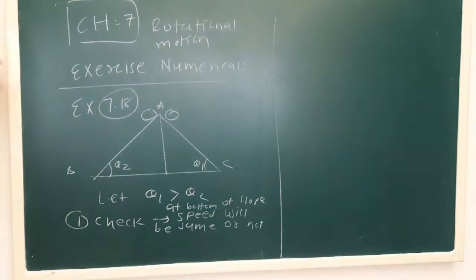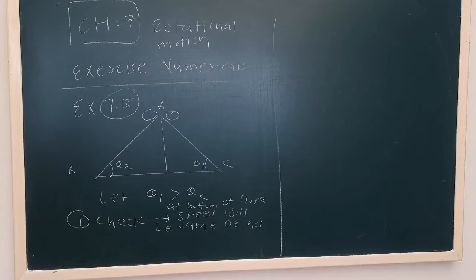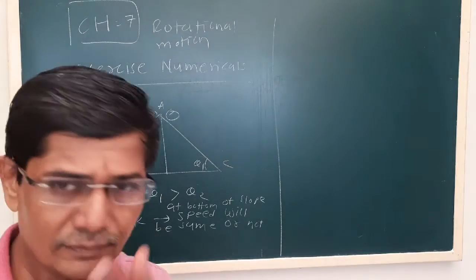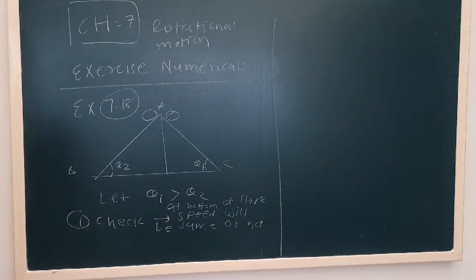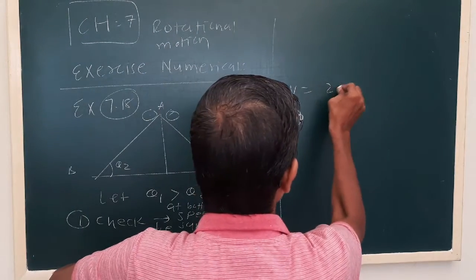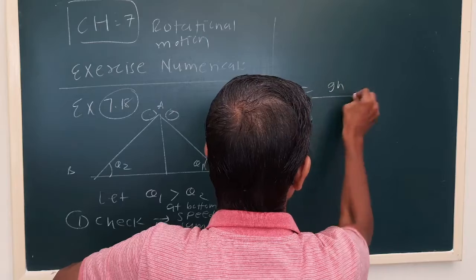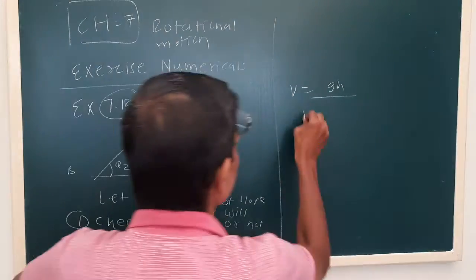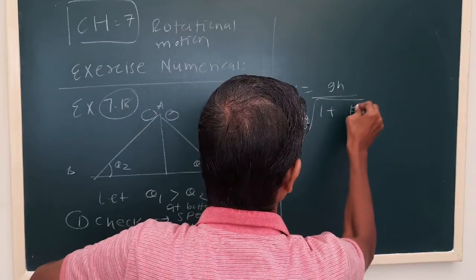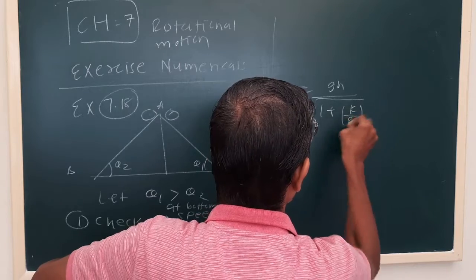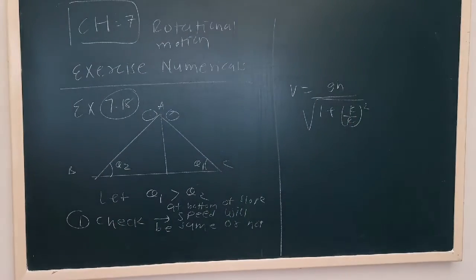Now see, in the theory part, we derived the equation of the velocity at the bottom of the slope. V is equal to the square root of 2GH divided by 1 plus (K by R) whole square. We have derived that earlier.